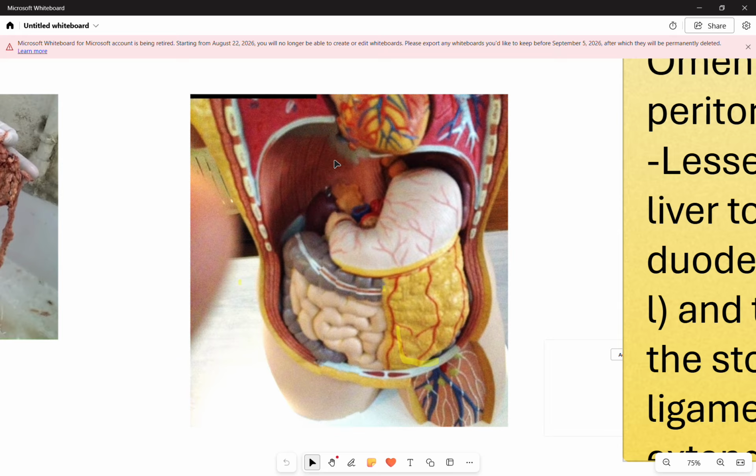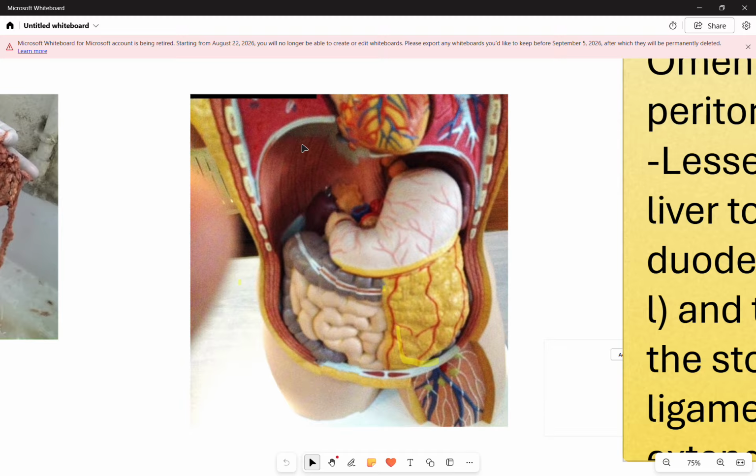The visceral peritoneum extends from the undersurface of the liver and goes into the duodenum and the lesser curvature of the stomach. The part of the lesser omentum which extends from the undersurface of the liver to the duodenum is known as hepatoduodenal ligament, and the part of the lesser omentum which extends from the liver to the lesser curvature of the stomach is known as hepatogastric ligament.